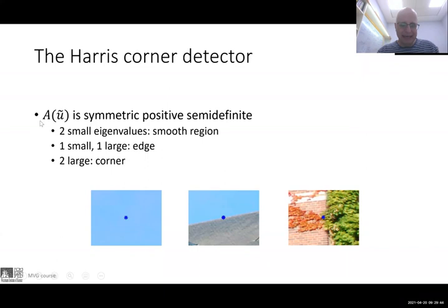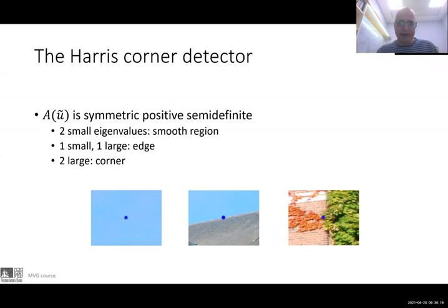So again, the structure tensor, A of u, is symmetric positive semi-definite, okay? And we can look at its eigenvalues. If the two eigenvalues are small, that would mean that we are in a smooth region. And that's exactly the case, as I said now, that if you shift your window, you see a repetition. It's a sort of like a trivial repetition, right? But that's the situation with a small region.